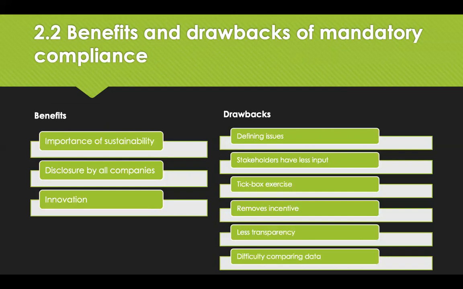A poorly developed mandatory framework may become a simple tick box exercise that does not incentivize the company to improve. This could remove the incentive to do so. Forcing disclosure affects transparency, and due to the differences in approach to sustainability, it would be difficult to compare the data.